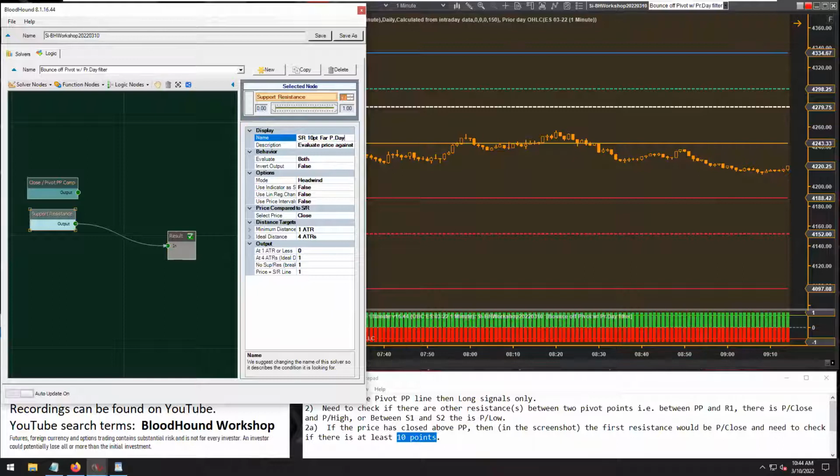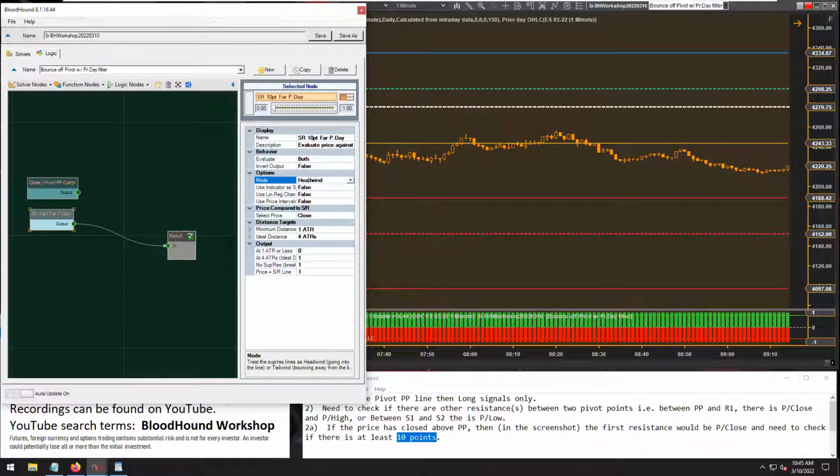All right, so we're basically checking to see if we're 10 points far enough away from the prior day indicator there. So when you're checking to make sure that price is far enough away so that you can trade into it, that's called headwind mode.